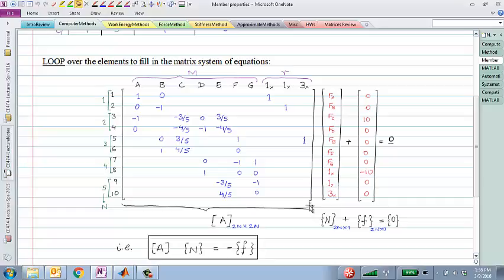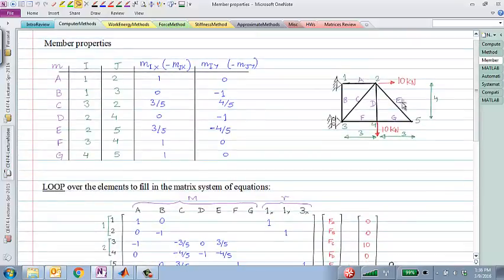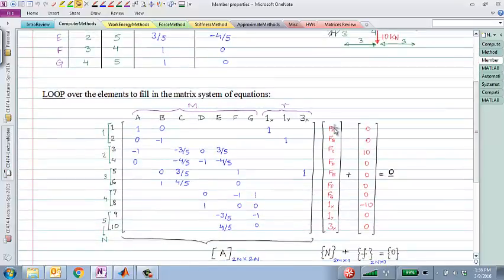That's correct. So if you look at the unknowns that are there in my system of equations, these unknowns are the 7 member forces for this particular truss. This particular truss has 7 member forces and 3 unknown reactions. So if I look at those 7 unknown forces and the 3 unknown reactions, they correspond to the number of columns in this matrix. And for each column, I'm talking about a particular member.